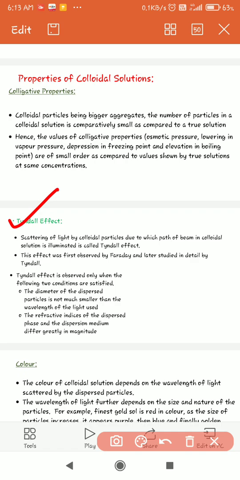This is called the Tyndall effect. For example, if you take a beam of light and a solution.